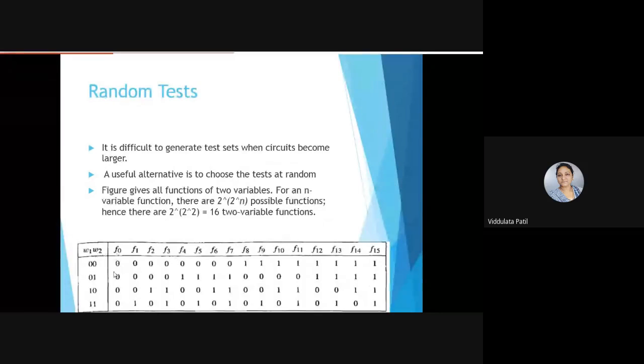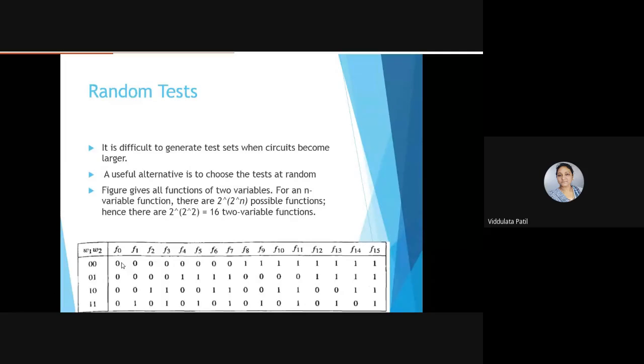Suppose we have the input 0 0. The correct condition is that W1 is 0 and W2 is 0, so for F0 it is 0 only.